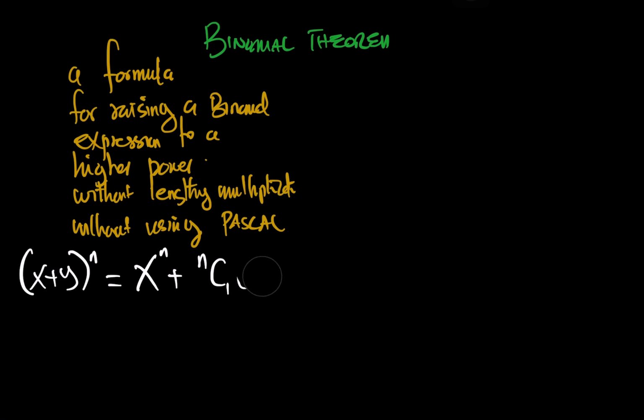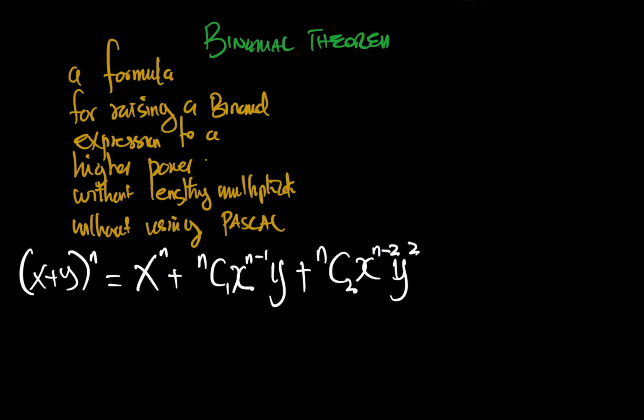Then the next one is n combination 2 multiplied by x to the power n minus 2 multiplied by y squared.